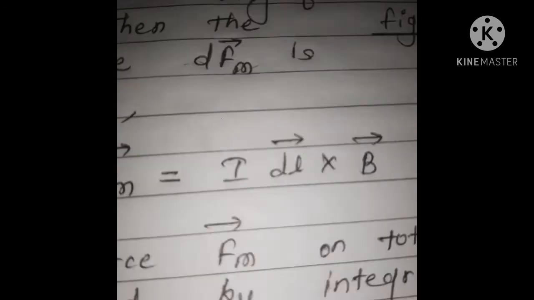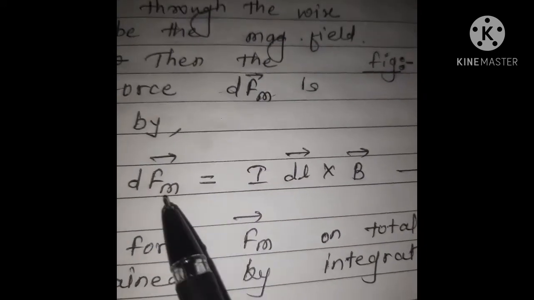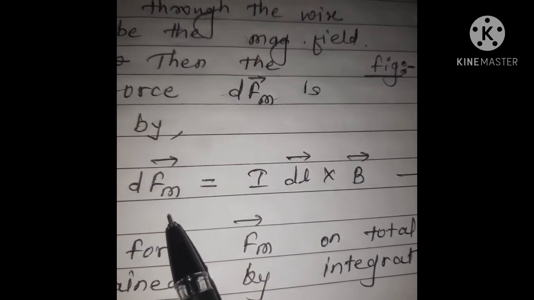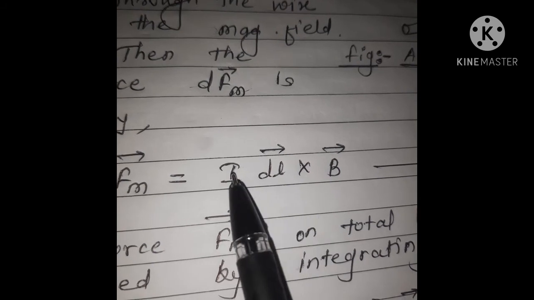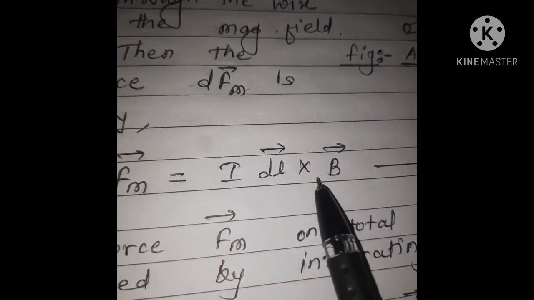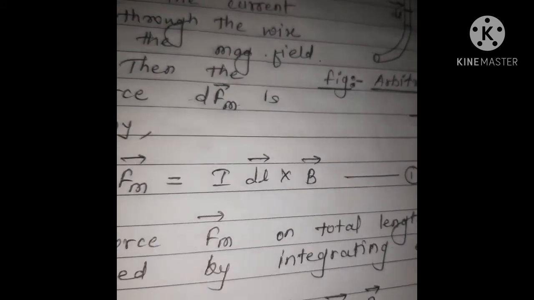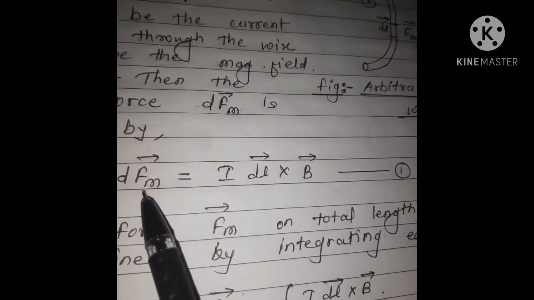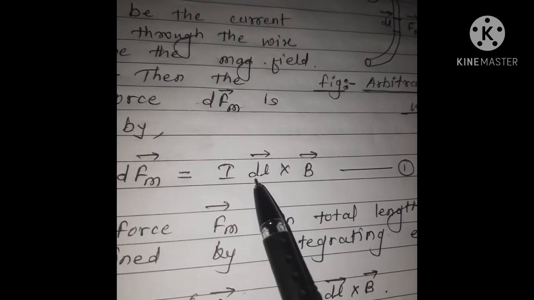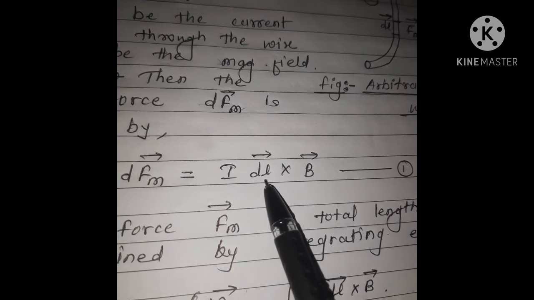So that force is dFm equal to I dl cross B, that is, I times vector dl cross vector B. This is the force exerted on the small segment dl.